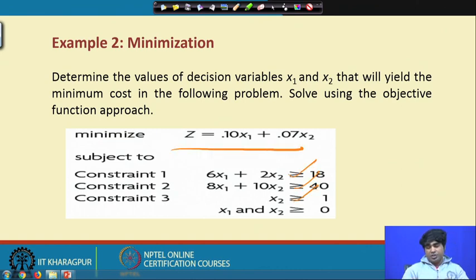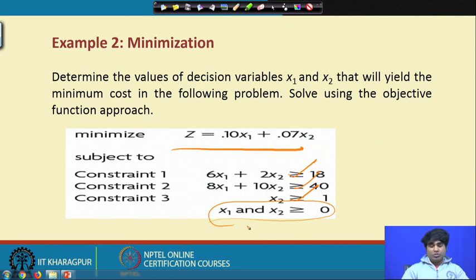So, technically this is the normal case of minimization corresponding to the objective function, the constraints should be greater than type, and as usual there will be a restriction that the decision variables should be positive in nature.